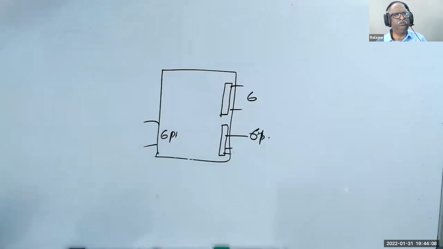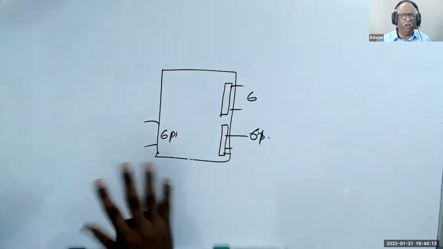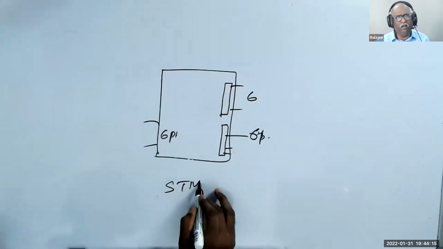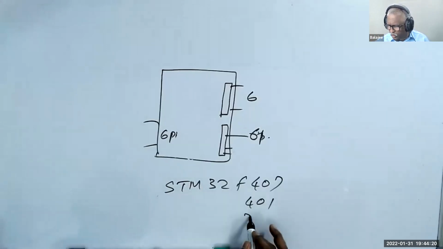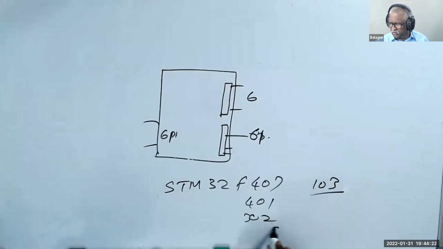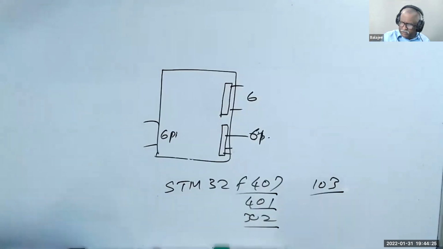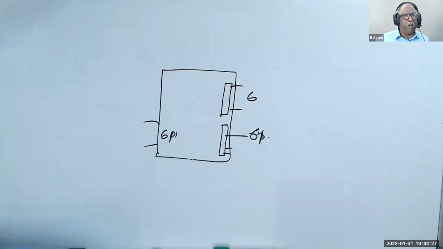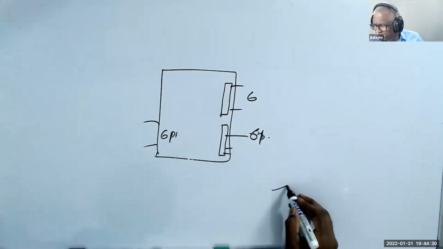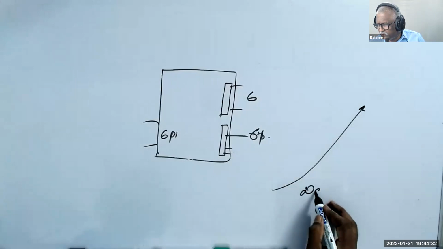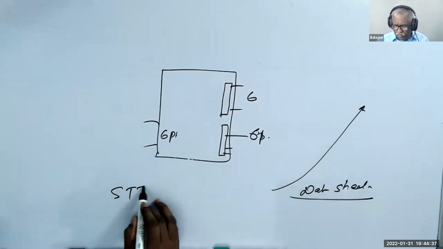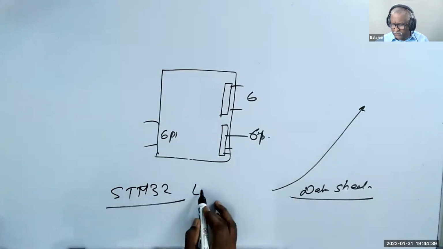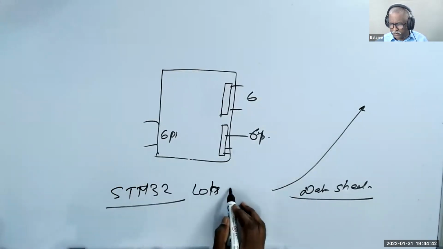Yeah, super. You can use any board; I'm working on any board. If you want, you can even use STM32F407, 401, 302, 103, all are good. You can use them. But the only problem is the learning curve of reading the data sheet, because STM32 has lots of options.